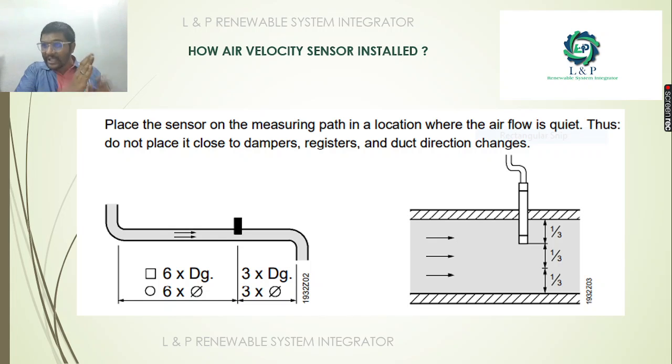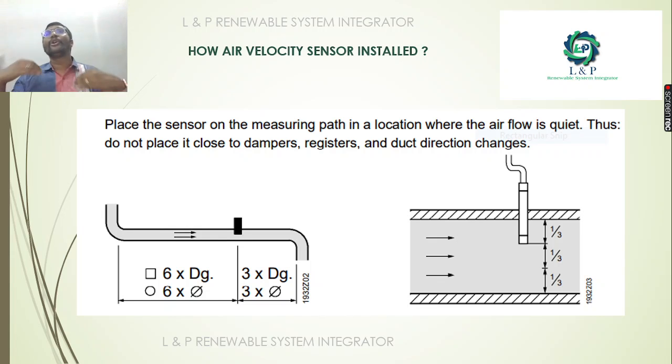For example, say the diameter of the duct is 3. So 6 times its diameter, 6 into 3, is 18. So at the 18th meter after the bend, you have to install the sensor.